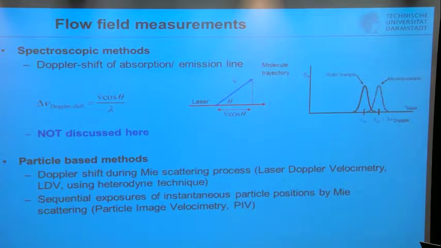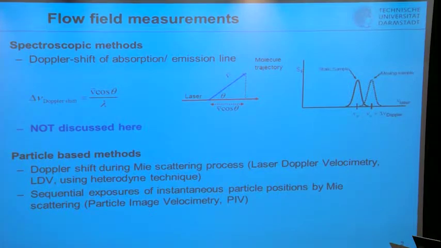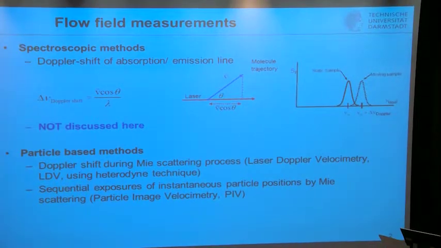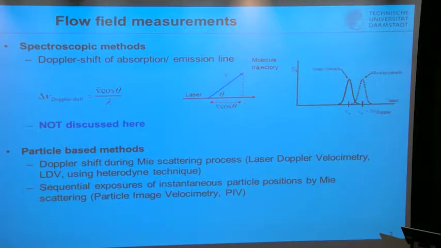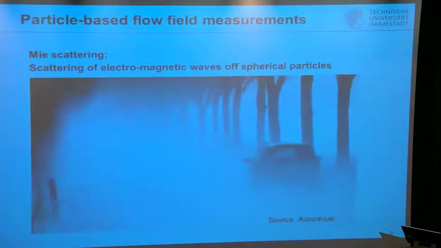And PIV is a completely different technique. We have seen that already, where you take images of Mie-scattered particles and then try to correlate them to come up with velocities in a field. Laser Doppler velocimetry is restricted to points, extended points, meaning something like 0.5 millimeter in length, maybe at best 50 micrometers in diameter.